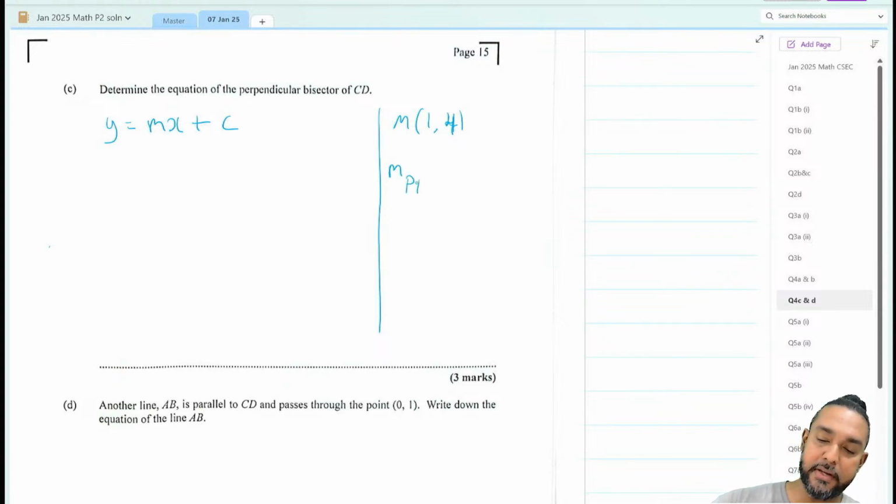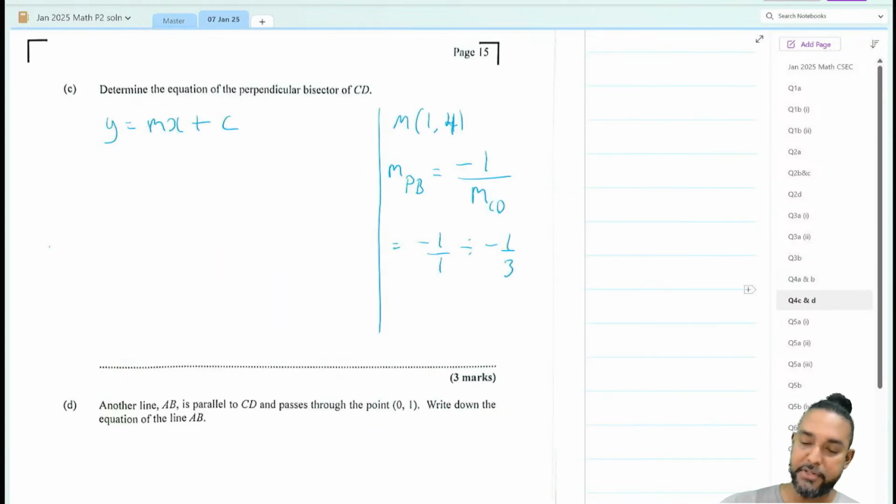The gradient for the perpendicular bisector is the negative inverse, minus 1 divided by the gradient of CD. So we have minus 1 divided by minus 1/3. Long story short, flip it and change the sign. Or we change divide to multiply and invert the divisor. A minus by a minus is a plus, so the gradient is 3. This is the x coordinate, and the y coordinate, sorry.